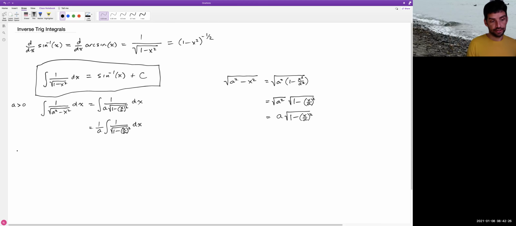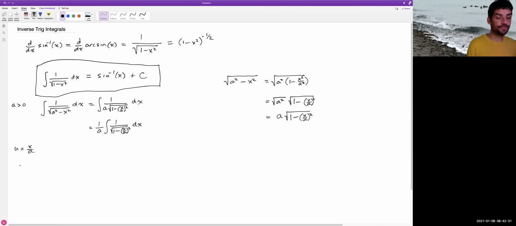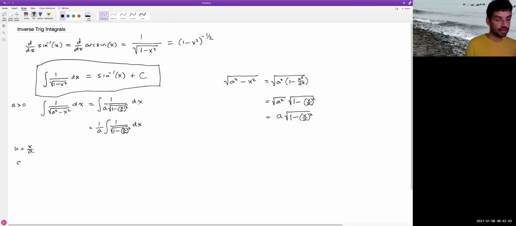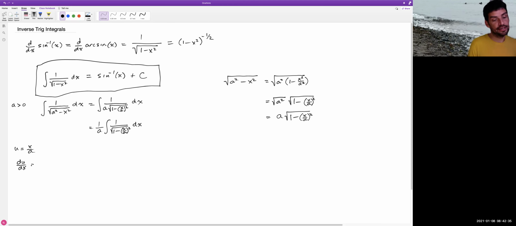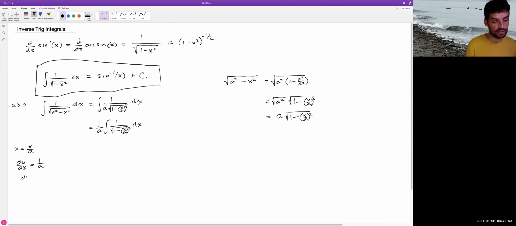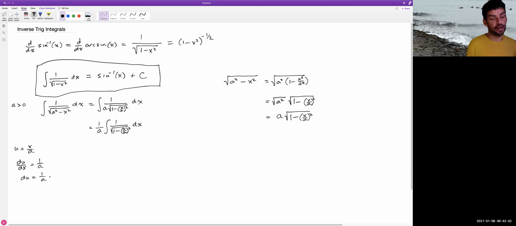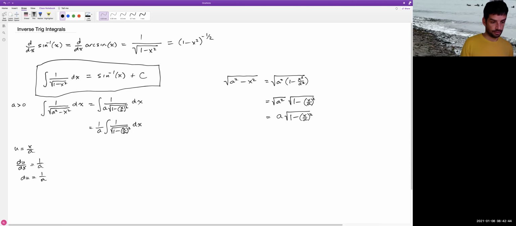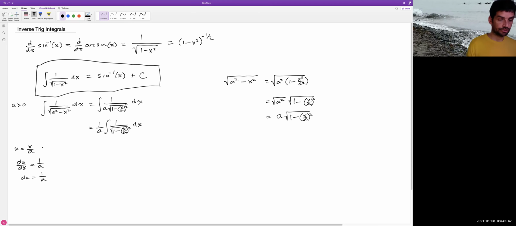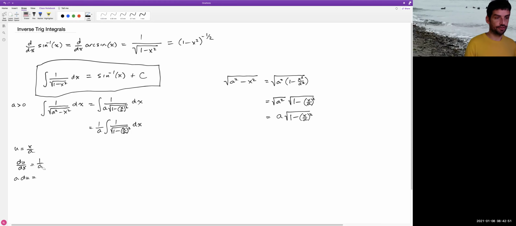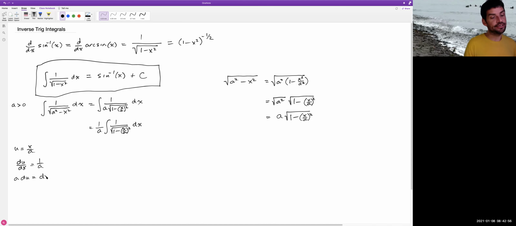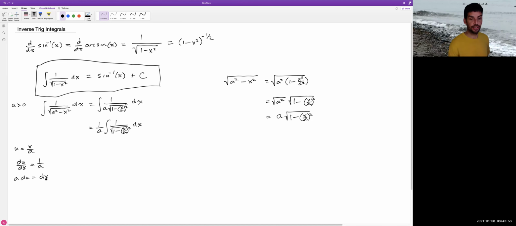So I'm going to try to use the substitution u equals x over a, which will give me that du is equal to 1 over a dx. Actually, I'm going to put the a over here. It doesn't matter. There's different ways to do this. This is the way I like to for some reason. So I've got a times du is equal to dx after a little bit of manipulation there.